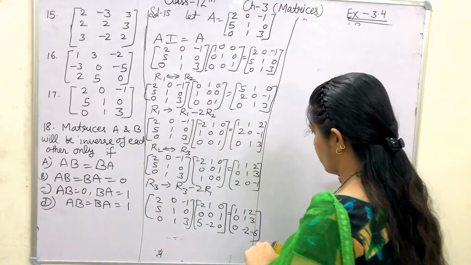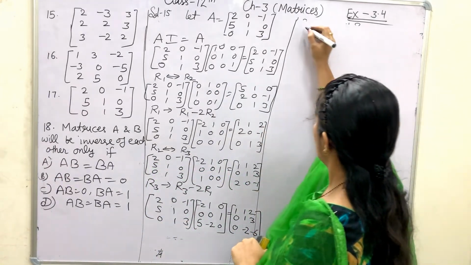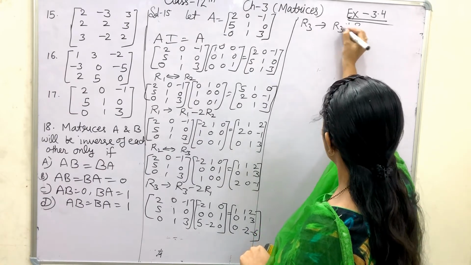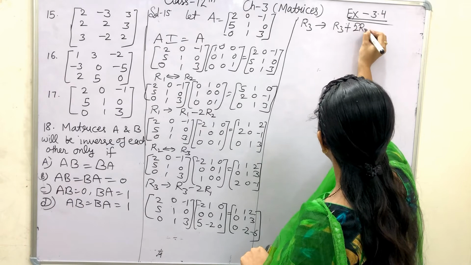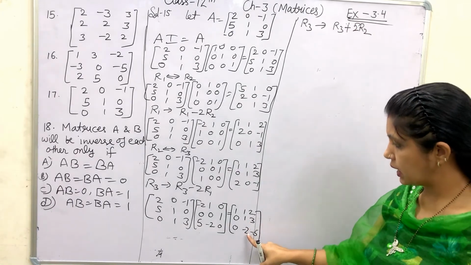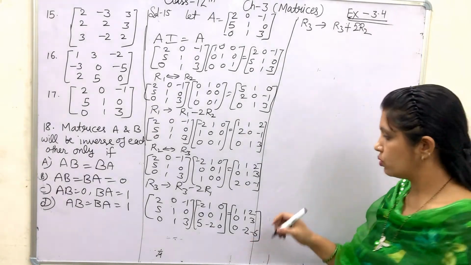Now by using R2 we get our R3 plus 2R2, because we want to make our A32 element as 0.